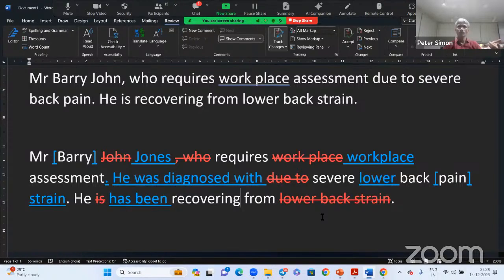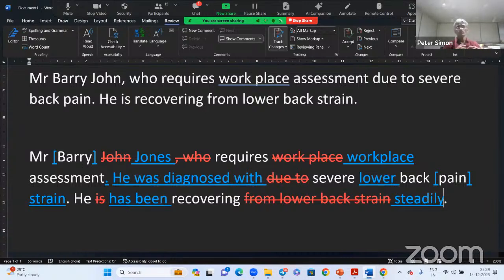So instead of repeating this one, you can say he has been recovering steadily, gradually. Something you can use. No? So write correct sentences. That's more important.